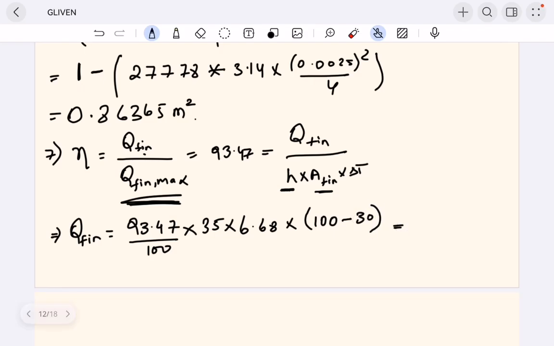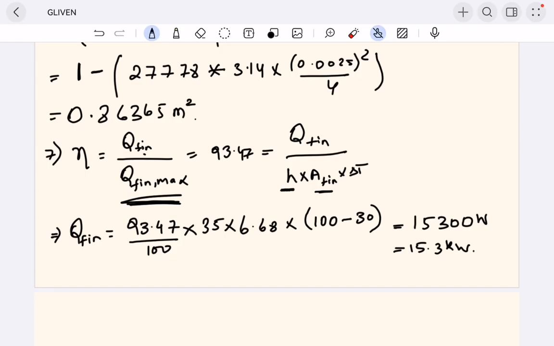So if I do this, the fins are dissipating a heat of 15,300 watts or 15.3 kilowatts. Right? That's the answer for the fin heat transfer.